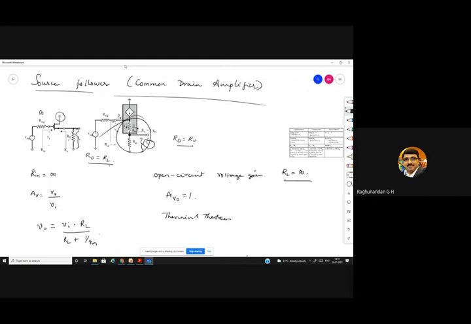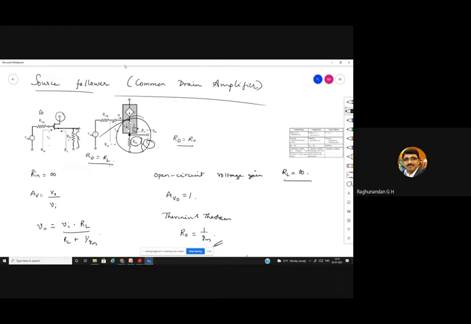When two resistors are parallel to each other and you want to find the total output resistance, you know that the resistance which has the very small value will be the actual resistance. So as we have taken RL or RD as infinity, obviously the output resistance will be 1 by gm.